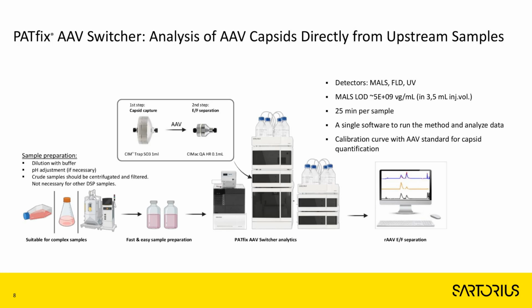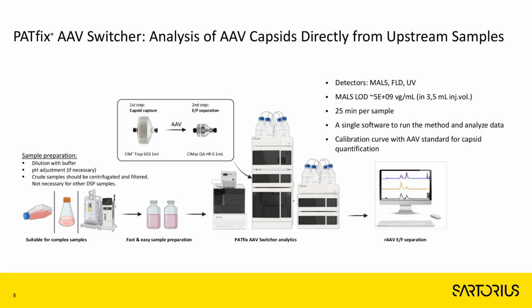When it comes to sample preparation, all that is required is to dilute the sample with buffer, adjust the pH to binding conditions, and centrifuge or filter the sample from the upstream, at which point it can be applied to the system and a reliable empty-full readout can be achieved.